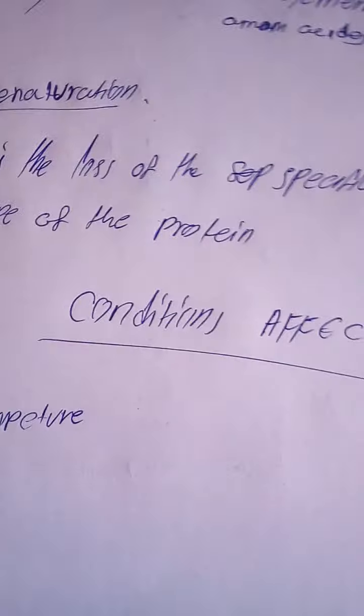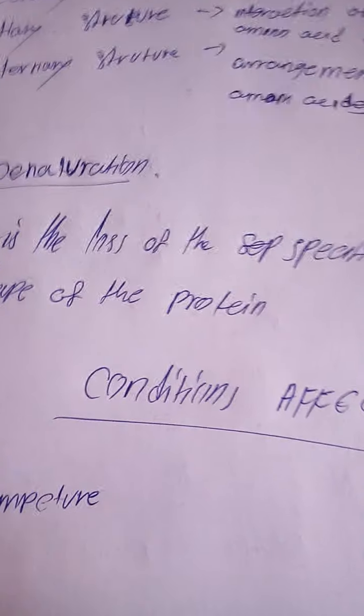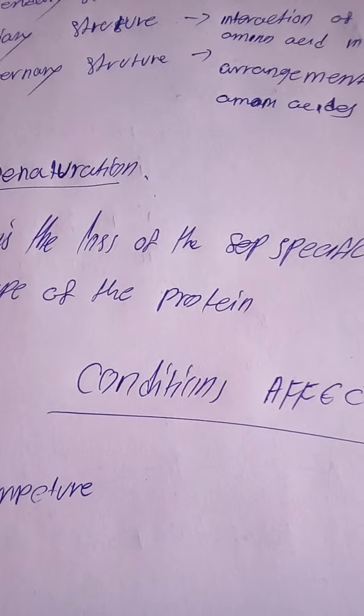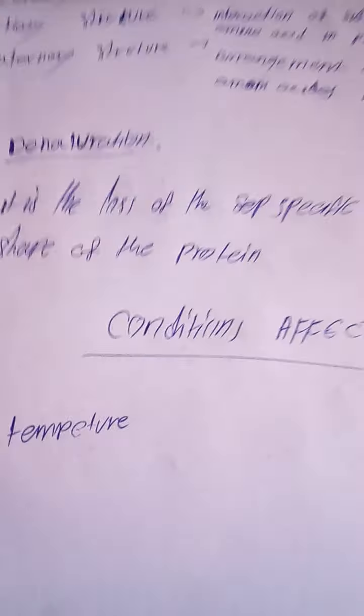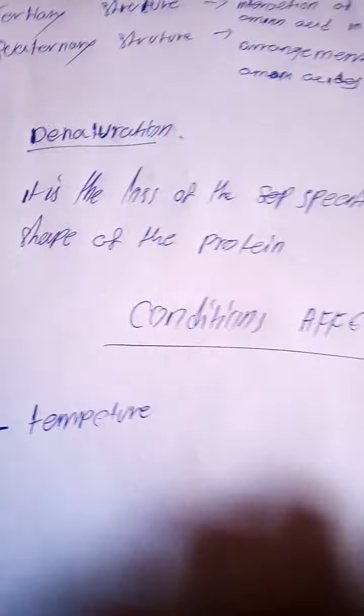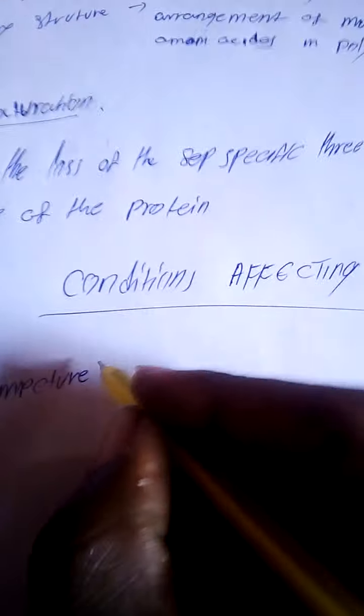So if you increase the temperature, there will be rapid molecular movement in the protein, whereby it can break the hydrogen bonds in the protein, and they can stop functioning properly. So that's one.